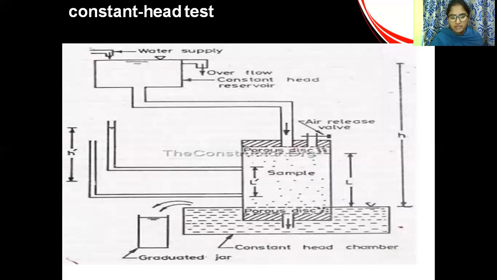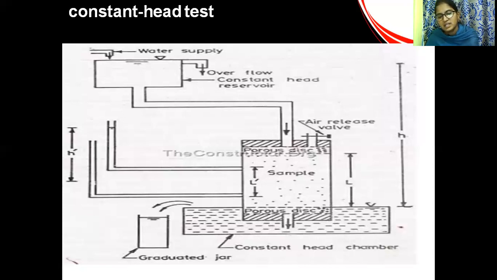The water, after flowing through the soil sample and the drainage base, enters the constant level bottom tank, from which it flows through the overflow. The head causing the flow, H, is equal to the difference between the water levels of the constant level overhead tank and the constant level bottom tank.